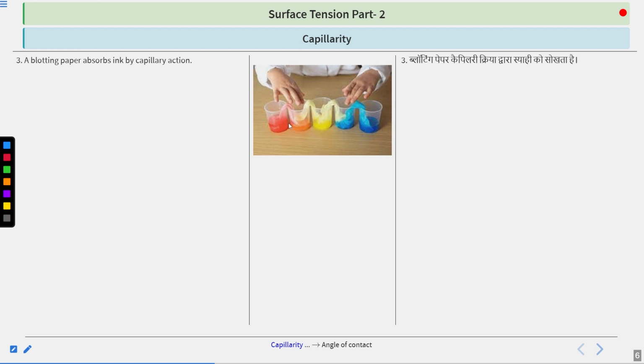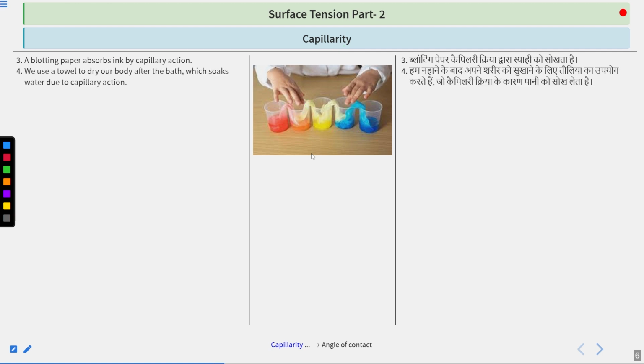When it is dipped, it also provides capillarity due to the threads and all. Because of the capillarity, the liquid started rising up in the paper, and because of the color of the liquid, the paper becomes red, yellow, and blue. So here also the capillarity is being used.